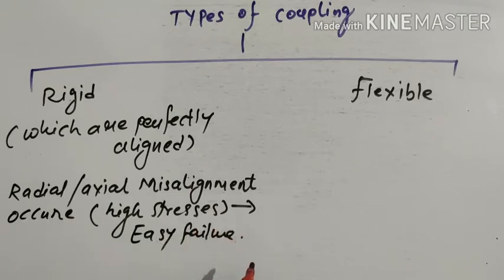So if significant radial or axial misalignment occurs in the shaft, it causes high stresses, which cause easy failure of the coupling or shafts.